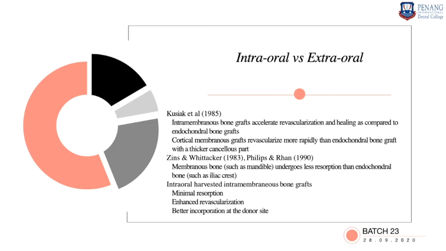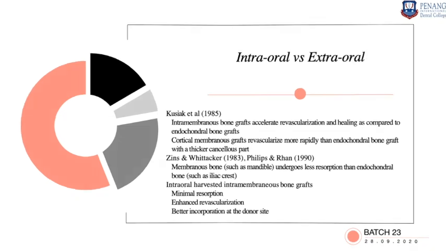So it is always better to get an intraoral bone graft rather than going for an extraoral bone graft. If you want to reconstruct the entire mandible, then you have to go for an extraoral site. For a periodontal defect, an intraoral bone graft site is more than enough as a donor site for regeneration.